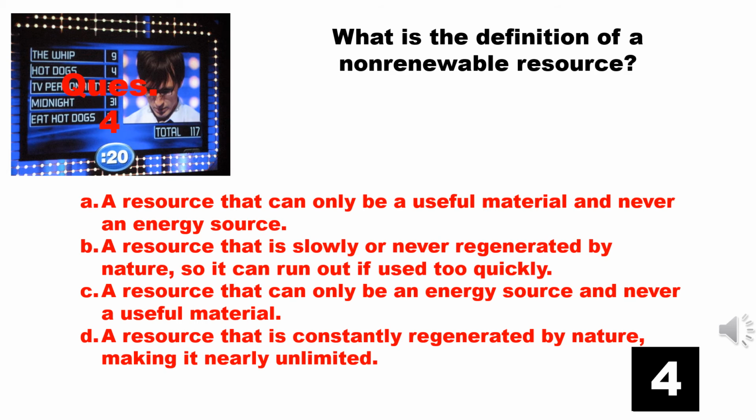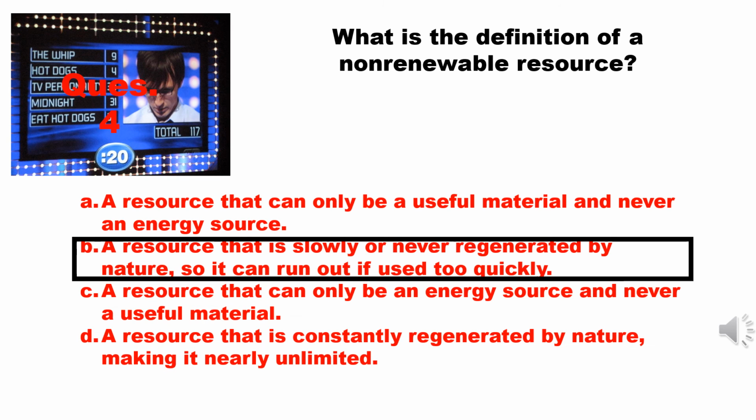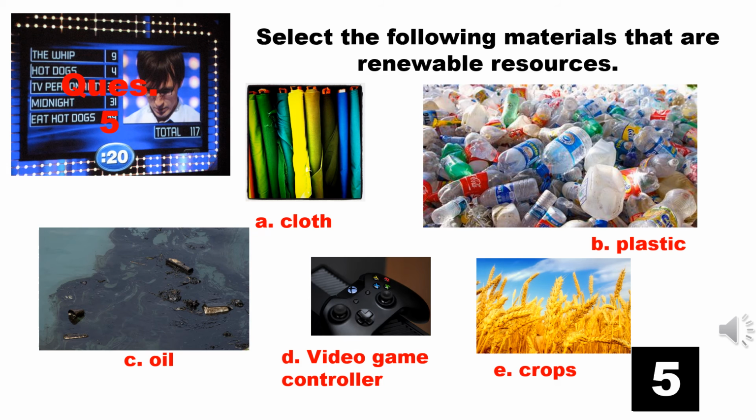Choose. Here goes your timer. And your answer is B, a resource that is slowly or never regenerated by nature, so it can run out if used too quickly.